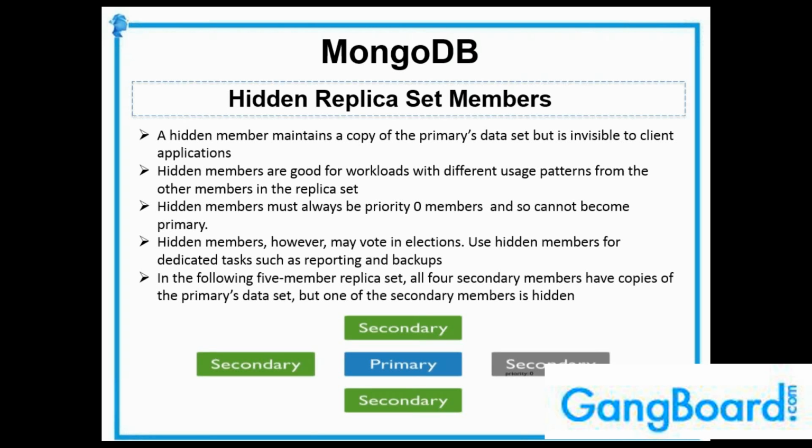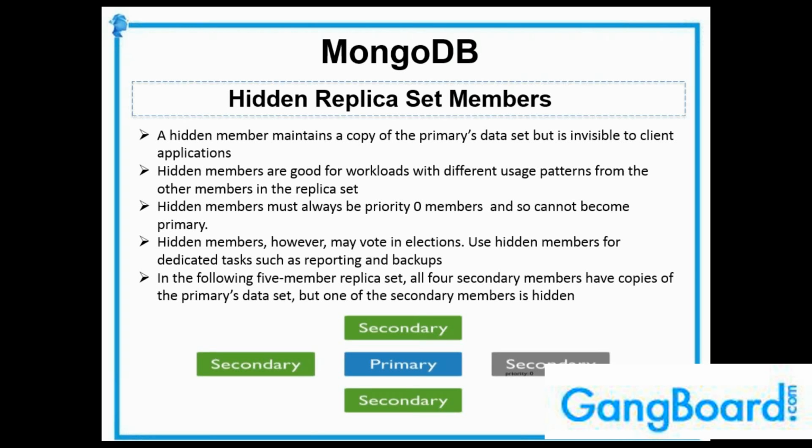By default, this node will have priority 0, and for that you need to set hidden: true in the settings. We have seen until now the arbiter: true setting to make the node an arbiter, and then priority 0 to make a node that should not become a primary.